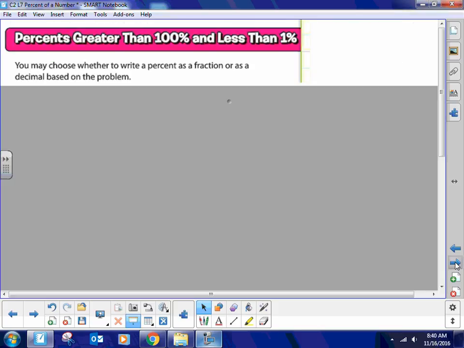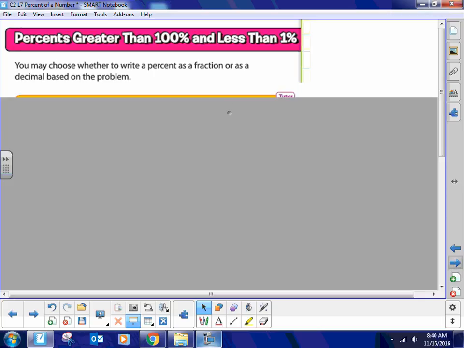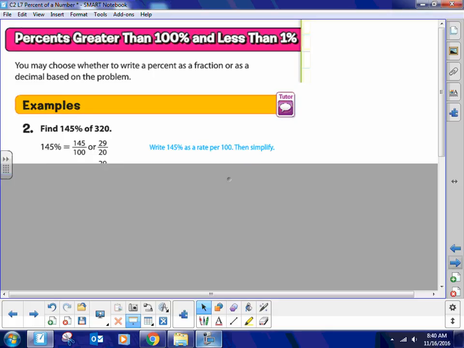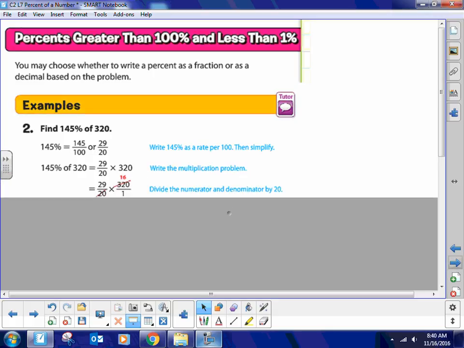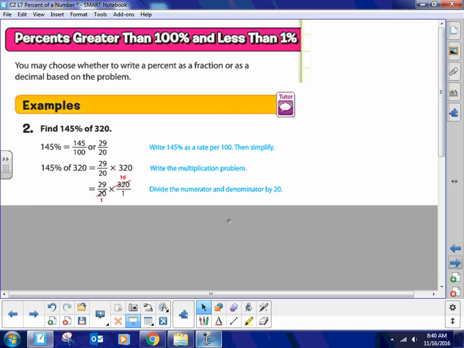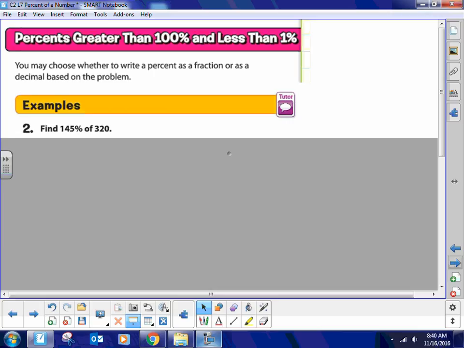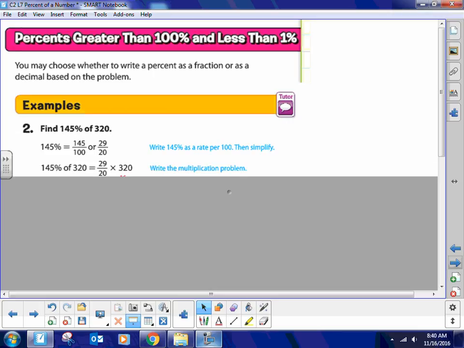You may choose whether to write a percent as a fraction or as a decimal based on the problem. I always use it as a decimal. Now this is talking about percents greater than 100% and less than 1%. What it's asking is we want to find 145% of 320. Here's what I would do.